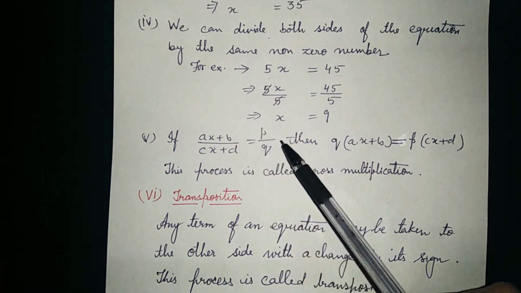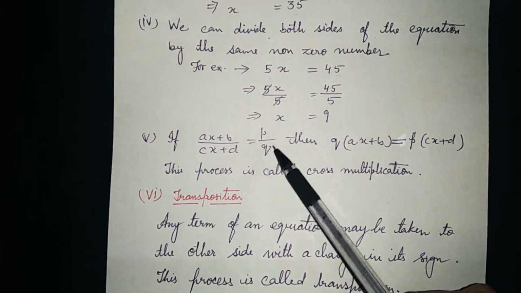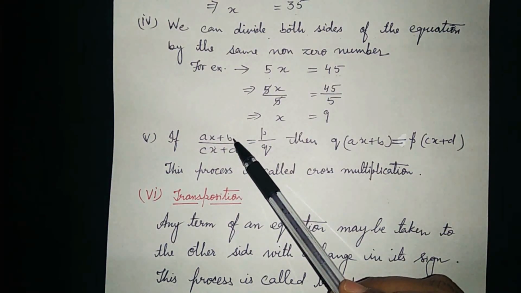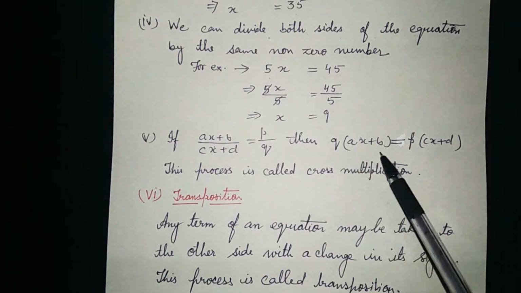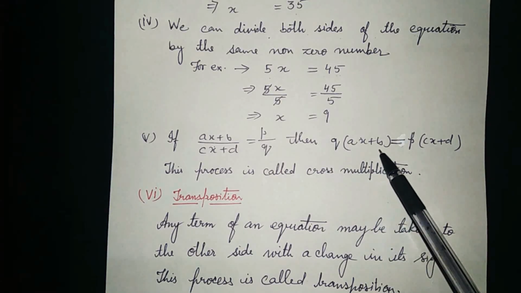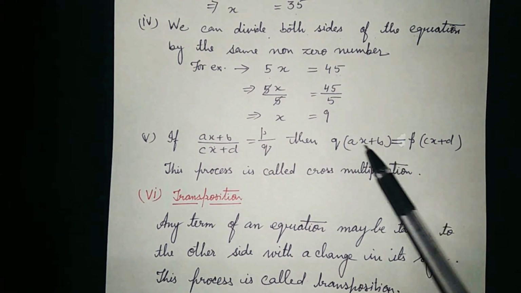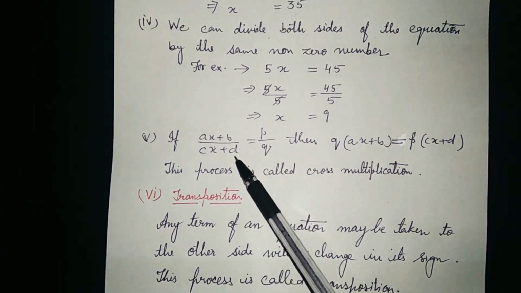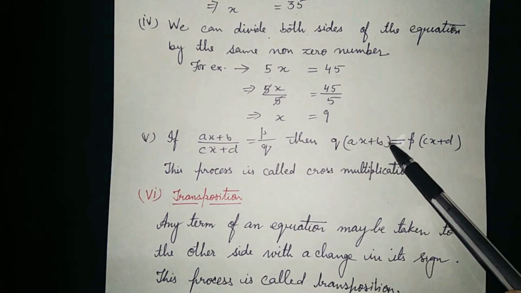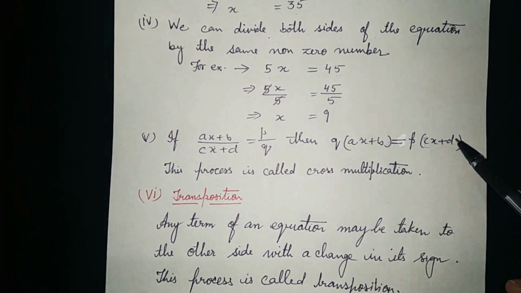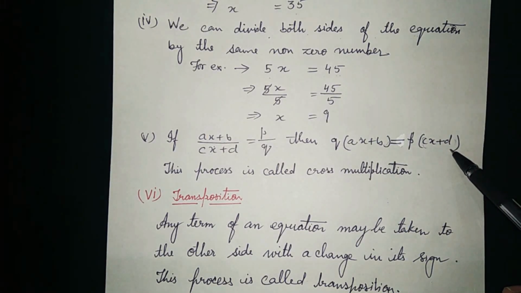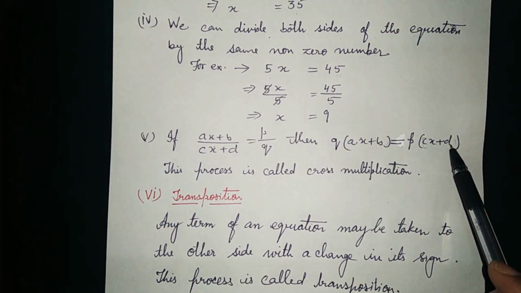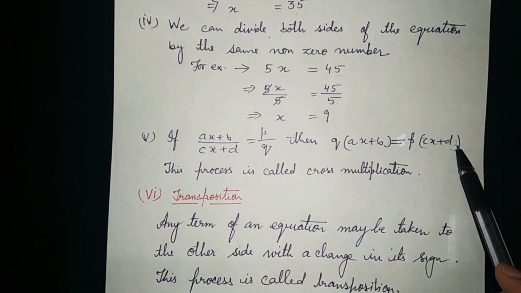Now here q you will multiply with this ax plus b. Then what will come here? q into (ax plus b). And here p into (cx plus d). Ax plus b you will write in bracket, and here cx plus d you will write in bracket. So such type of process is called cross multiplication.